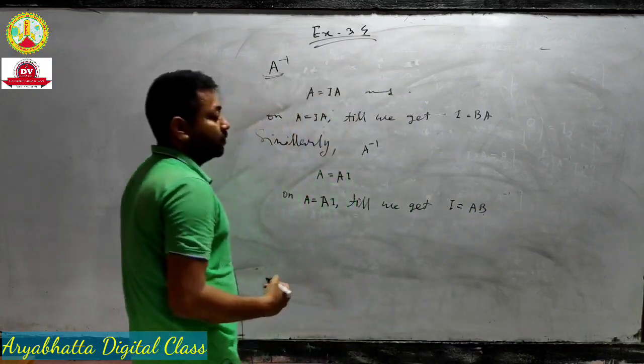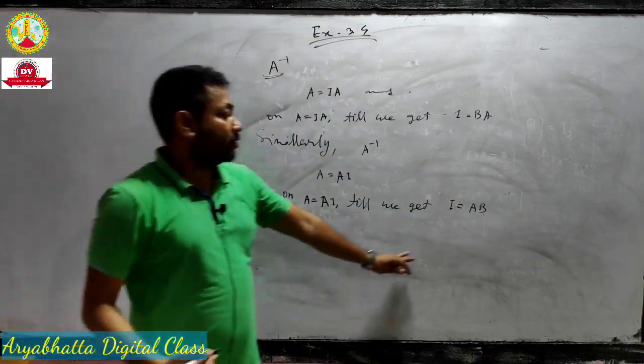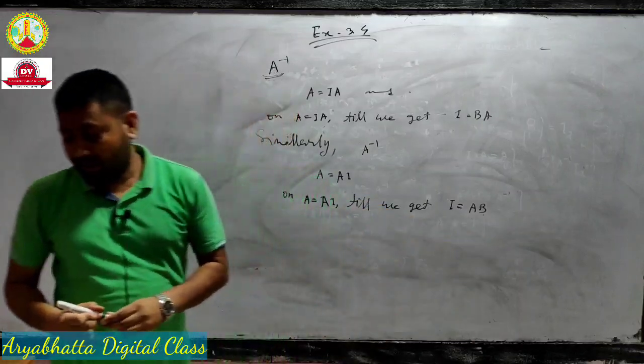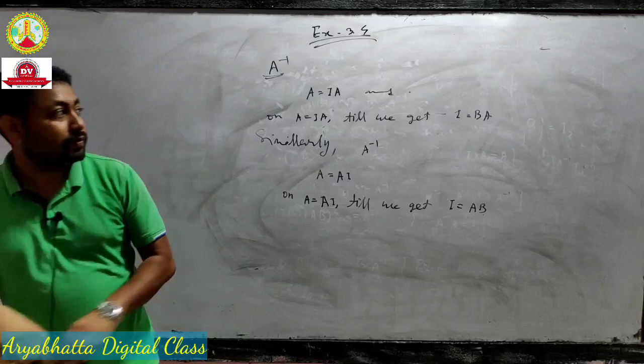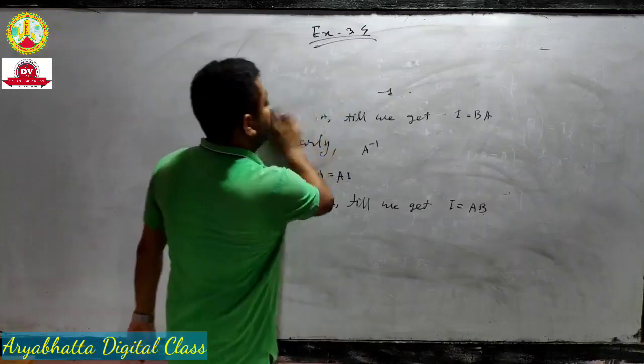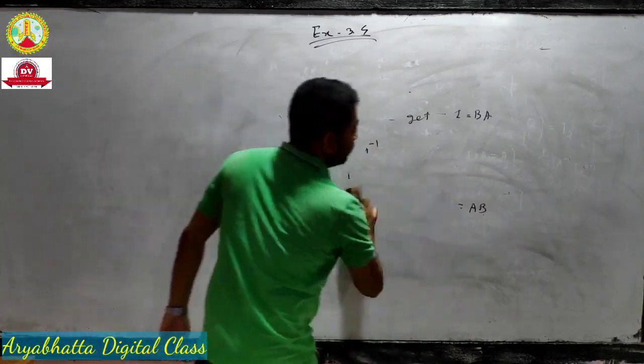Then B is called the inverse of A. Now we will discuss exercise 3.4, question number 1. Remember this point.